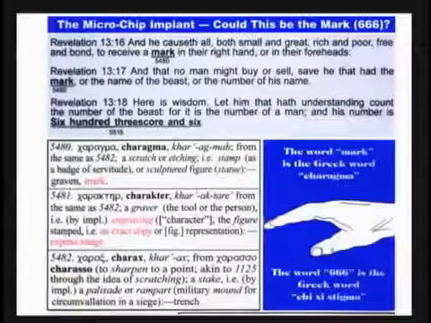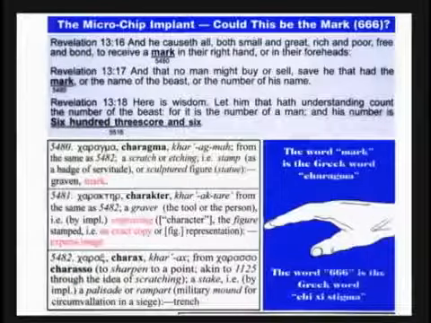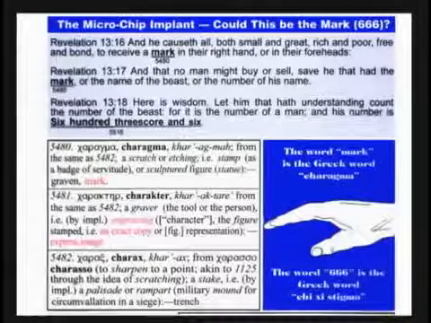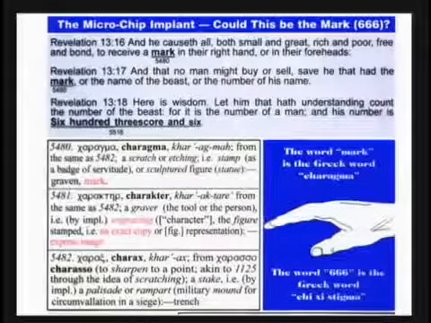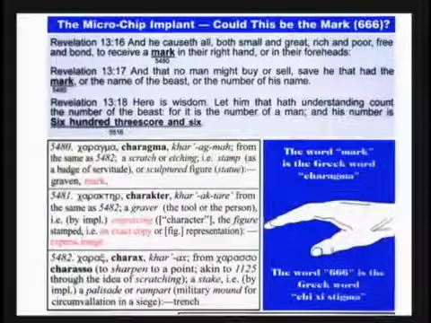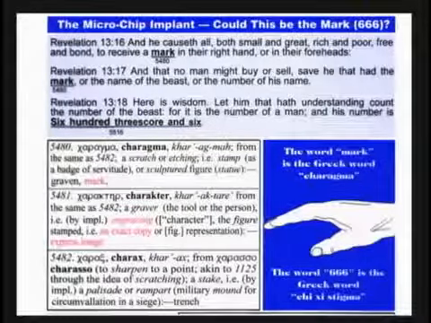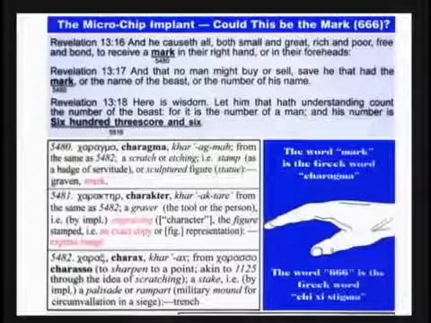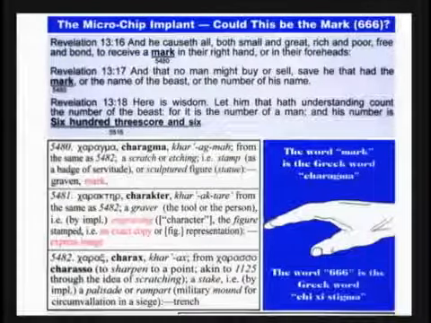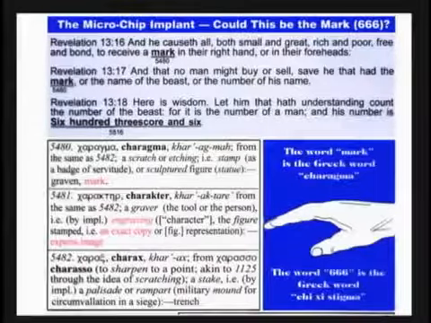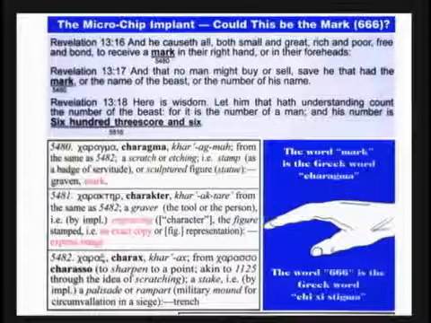Part of Carl Sanders' presentation is this, where he goes through the Greek words for mark, for instance, and he gives the Greek character there. Is this from Strong's or Young's or Cruden's, one of the concordances? But it's the number 5480, charagma, however you pronounce that, from the same as 5482, a scratch or etching. Anybody know how they make computer chips?